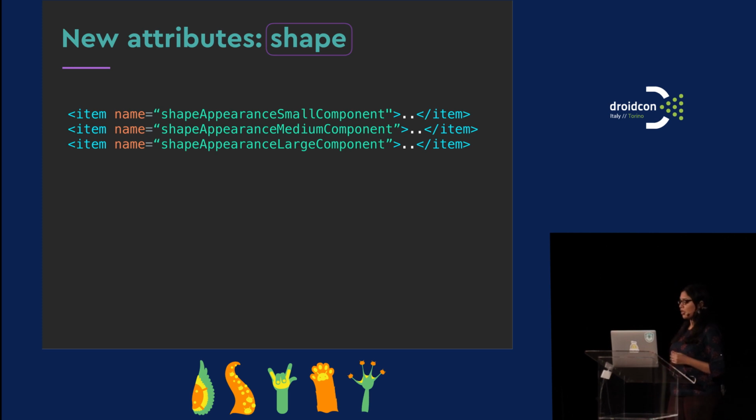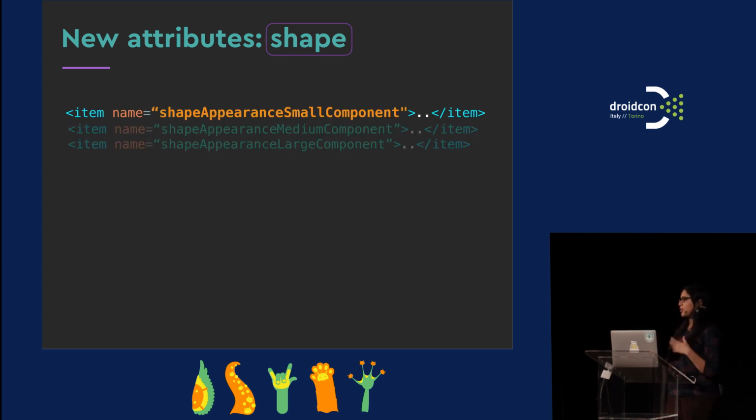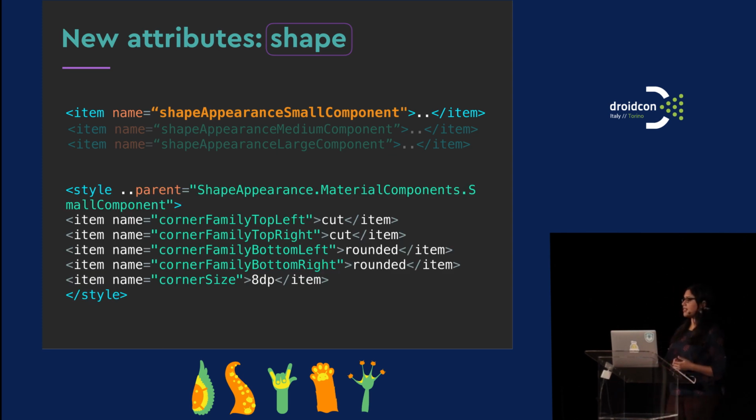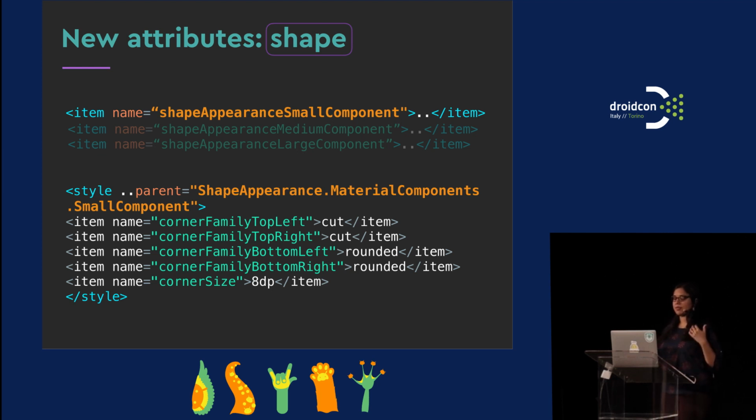And in this case, we only care about small component because we're theming buttons and text input layouts and that level of widgets throughout our app. And then we can define the style that inherits from ShapeAppearance.MaterialComponents.SmallComponent. Make sure it uses the right parent. And then you can say, all right, I want top left and top right to be cut.